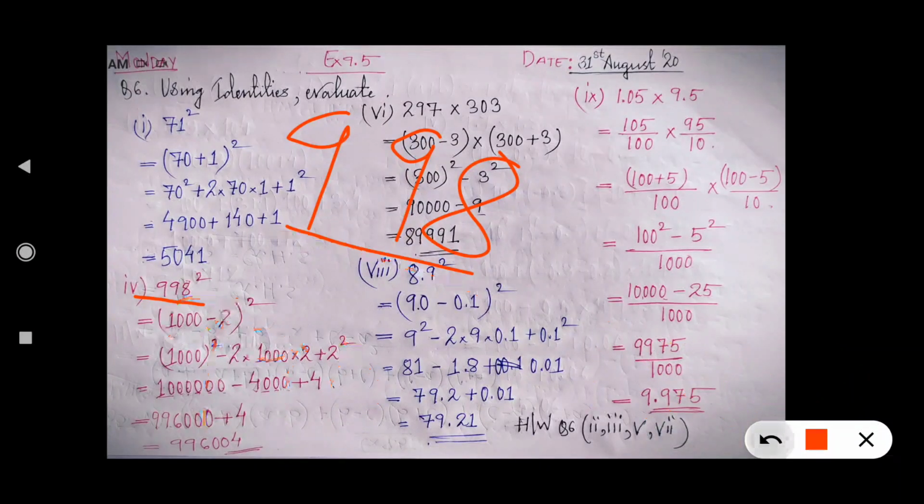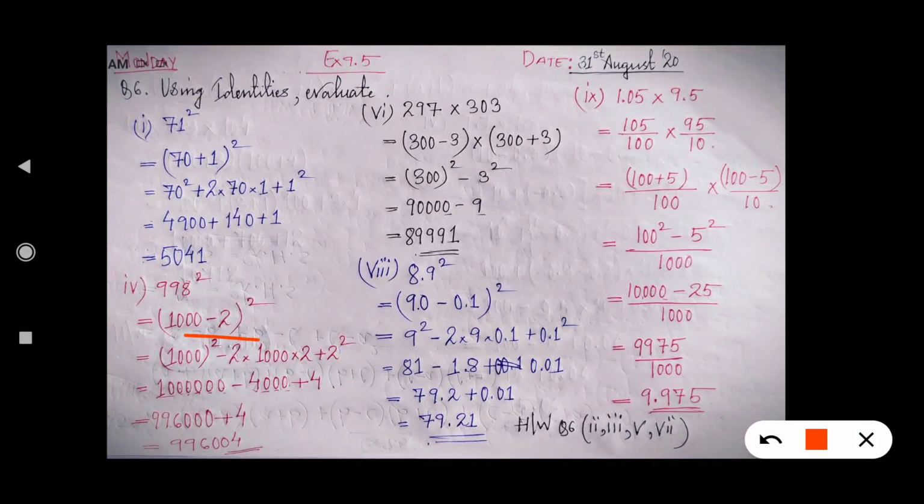So we'll write 1000 minus 2, which is 998. The square is already present, so we'll write the square. Now again we'll use the second identity since it's a minus over here. So a square minus 2 into a into b plus b square. Now from here you understood this. This is just a simplification, just multiplying and adding. Okay, let's move to Roman number 6.